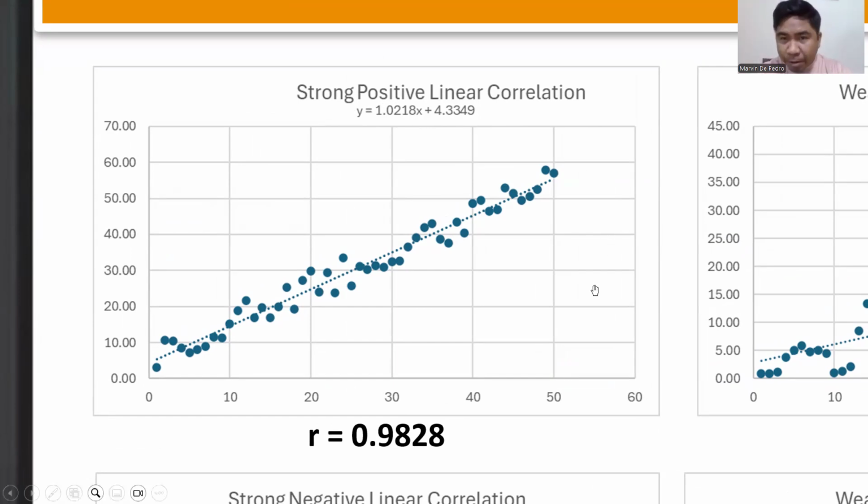So for example, if we have our X data points at around 50 plus, and we set our independent variable as 60, so we substitute 60 here, then 60 times this one, around 61, let's say, plus 4 point something.